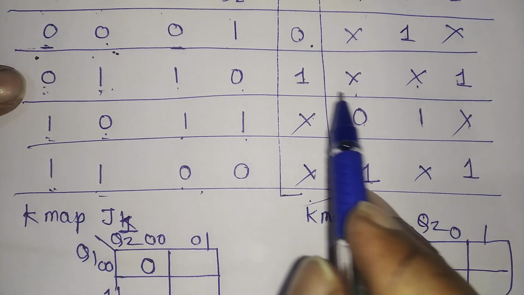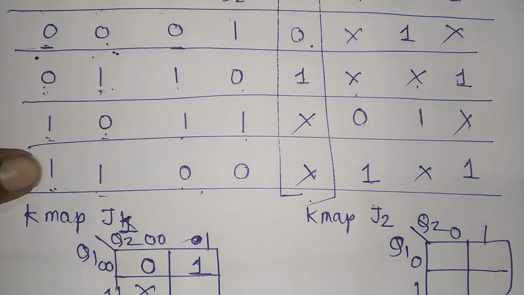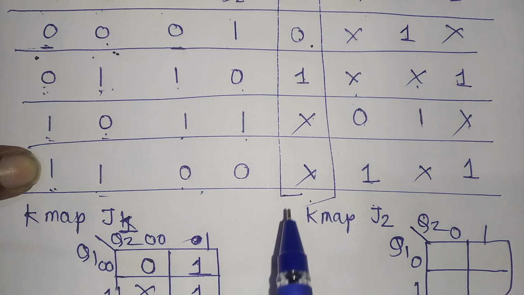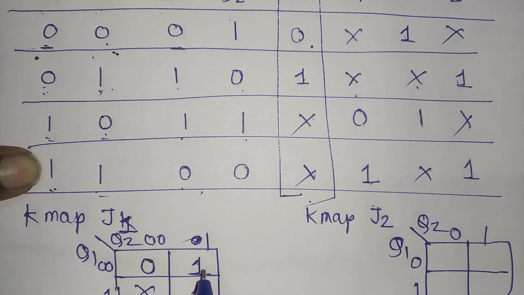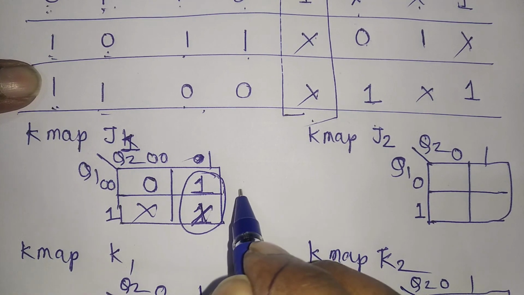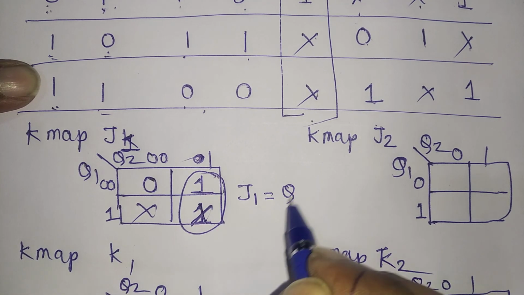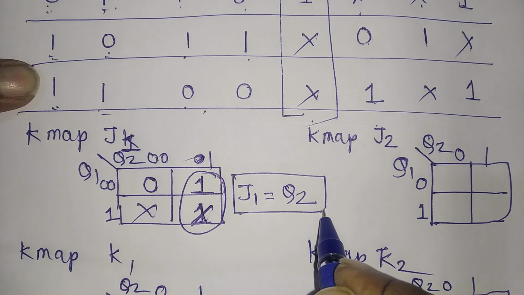Then 0 1, J1 is 1. 1 0, J1 is a don't care, and 1 1, J1 is 1. So you can make a pair of these two cells, where there is a don't care. The equation for J1 will be Q2. So this is the equation for J1.